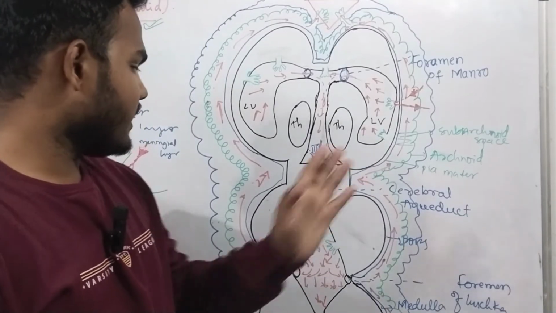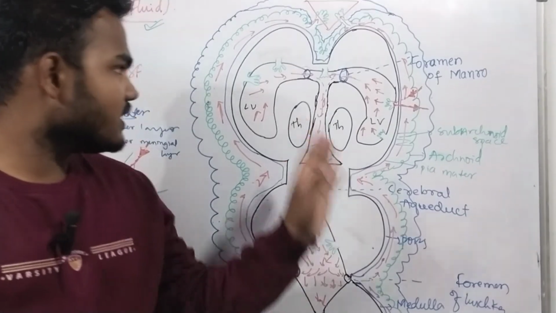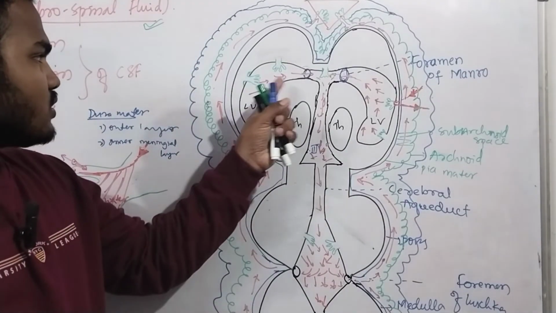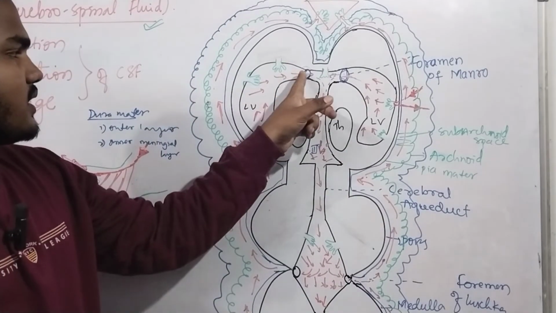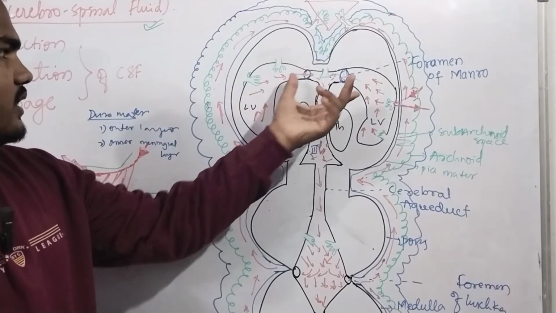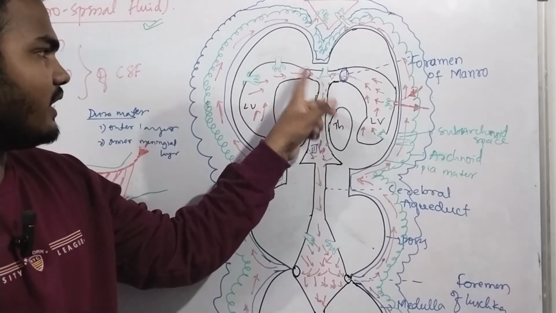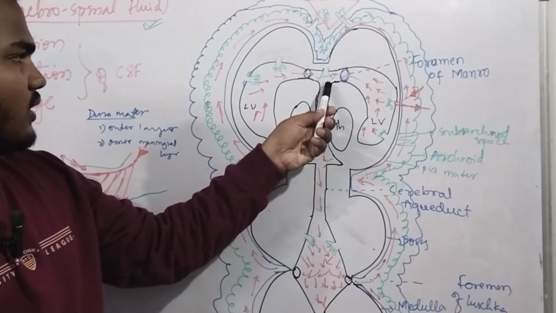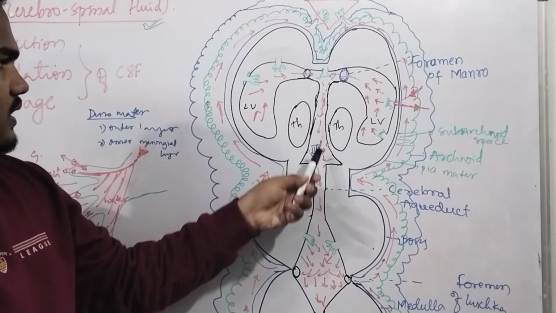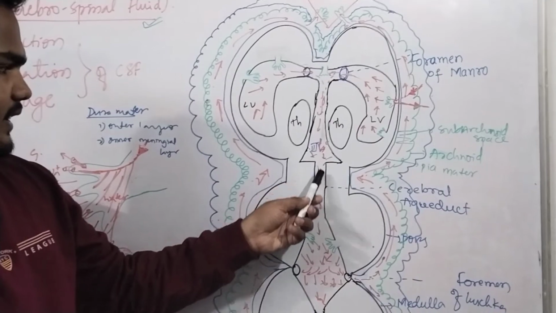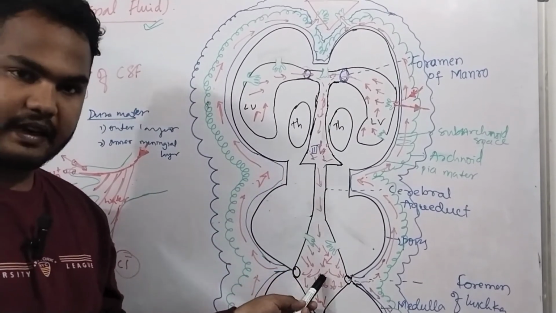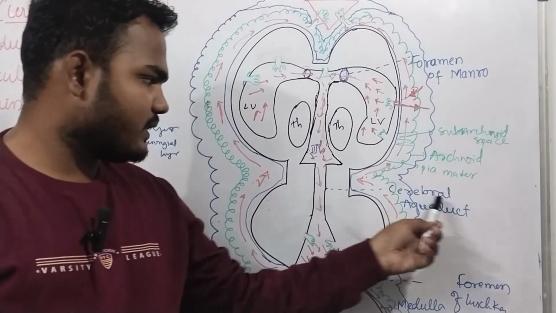Let's recap. First, CSF is produced by the choroid plexuses. From the lateral ventricle, the CSF comes into the third ventricle by the foramen of Monro. From the third ventricle, the CSF goes to the fourth ventricle by the cerebral aqueduct.